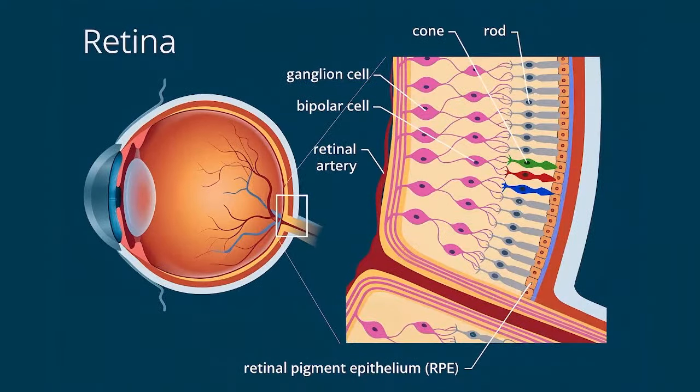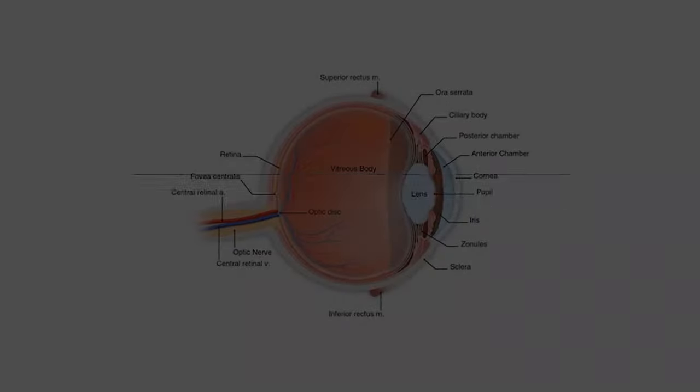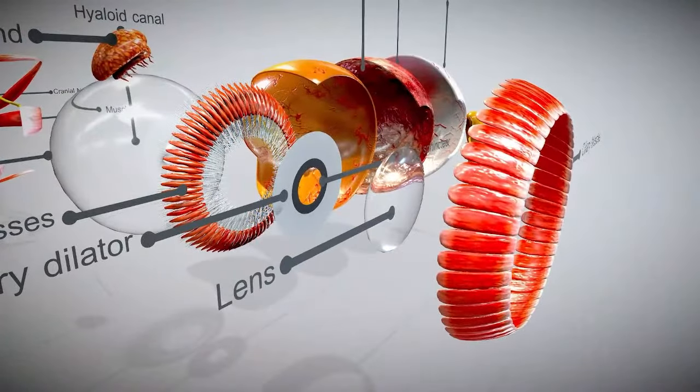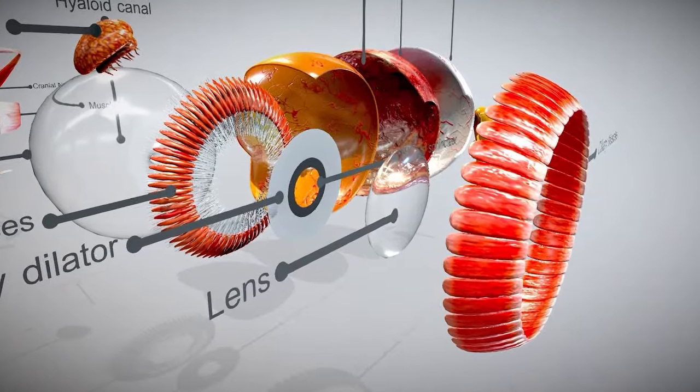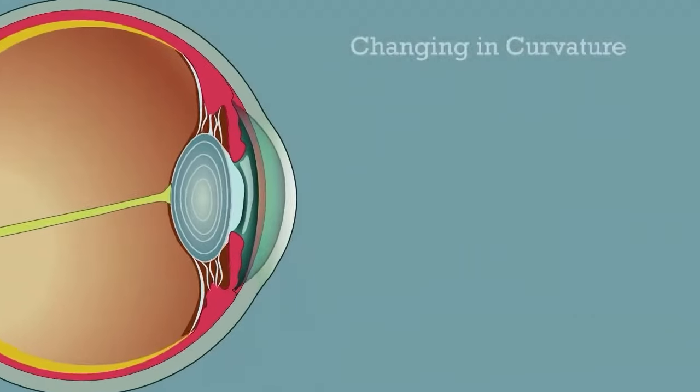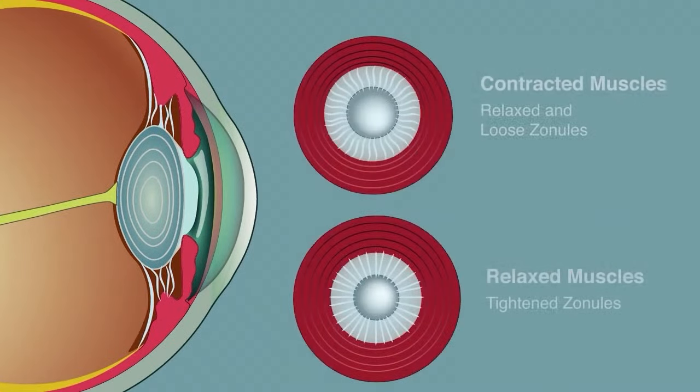Lens and fluid-filled chambers. Behind the iris and pupil lies the lens, a transparent, flexible structure that adjusts its shape to focus light precisely on the retina. The lens's ability to change curvature, known as accommodation, allows the eye to clearly view objects at various distances.